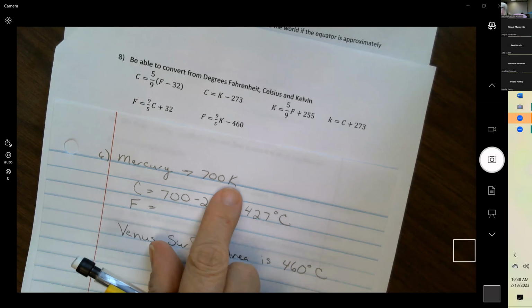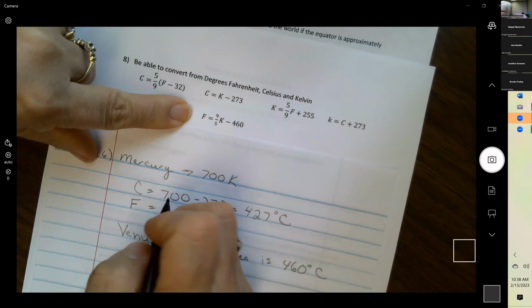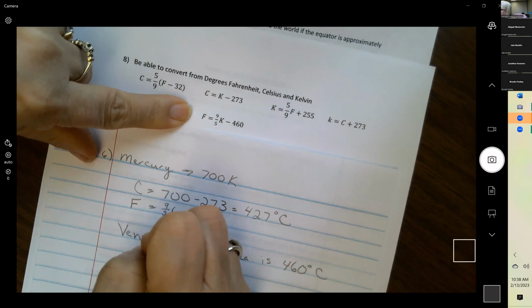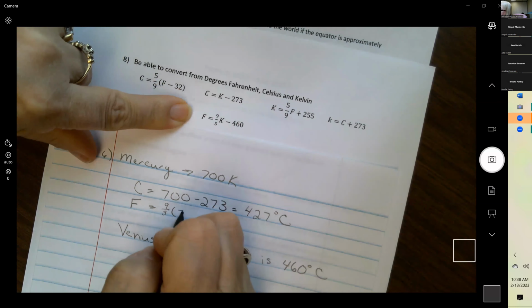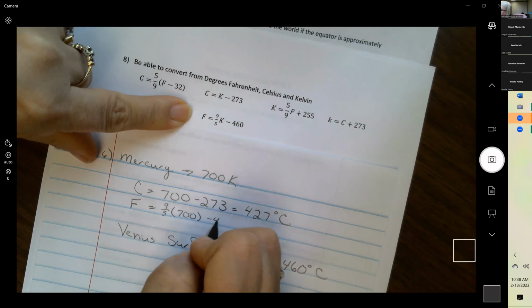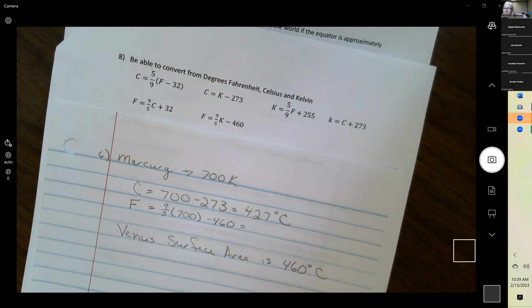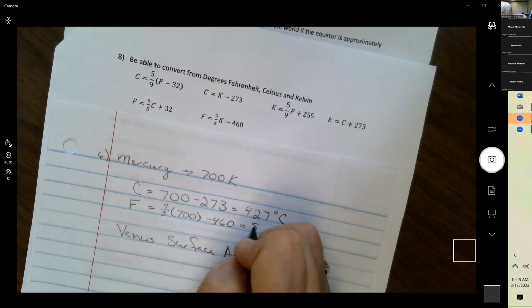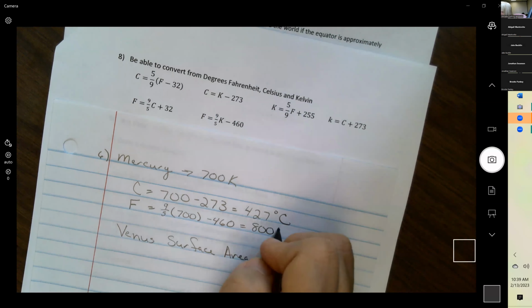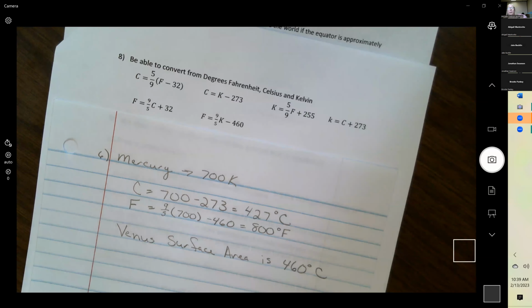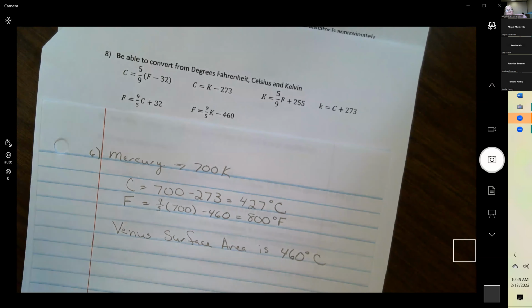Yeah, I would go with what was given. So it's 9/5 times 700 minus 460. Any questions on finding them?